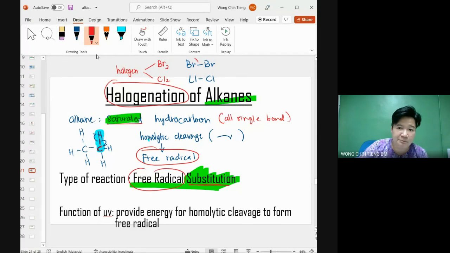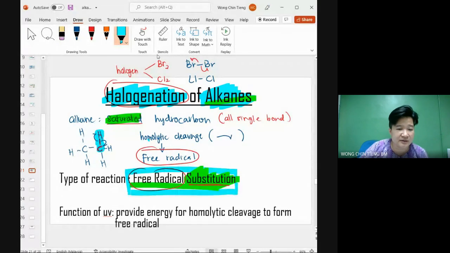So yang ni pun akan putus sama rata nanti. Saya akan tunjuklah. Okay? That's why for the alkane, guys, the halogenation that happen can only undergo one type of reaction, free radical substitution. Okay? Dah? Okay. Kalau dah, kita move on a little bit.